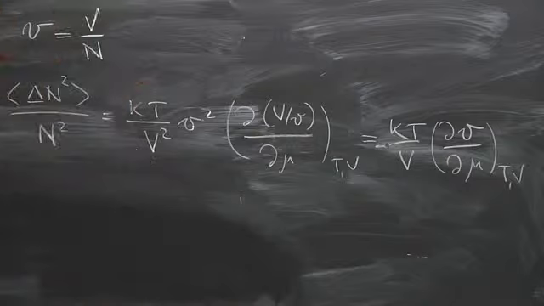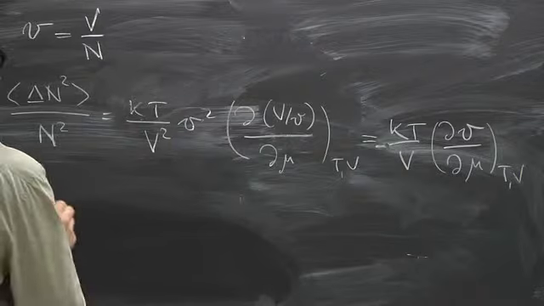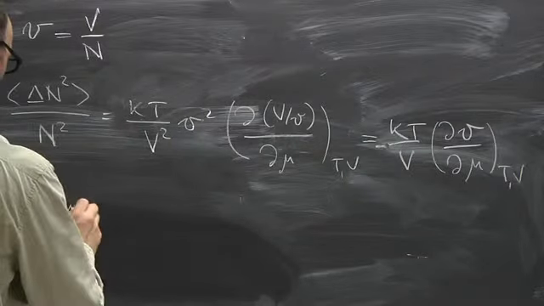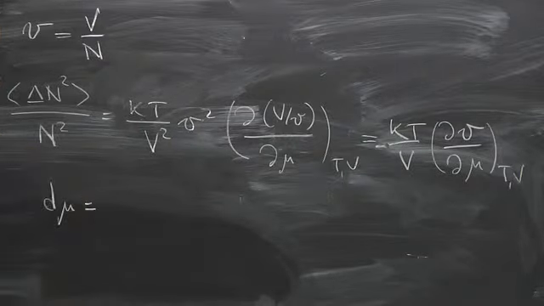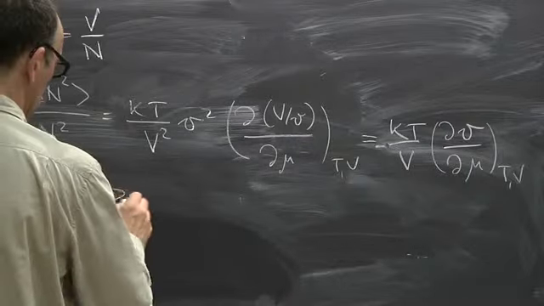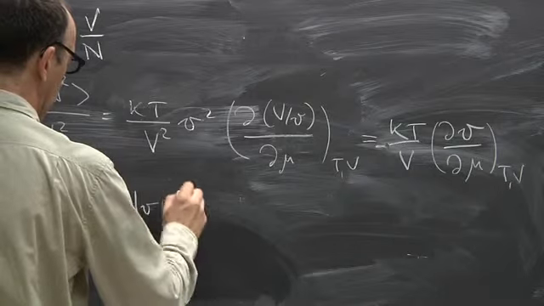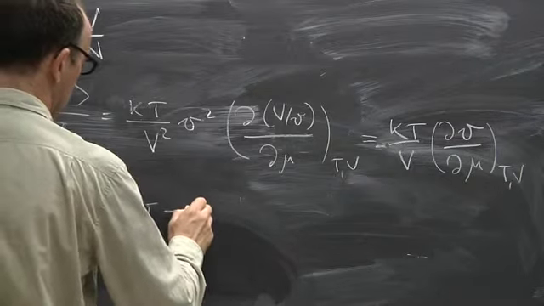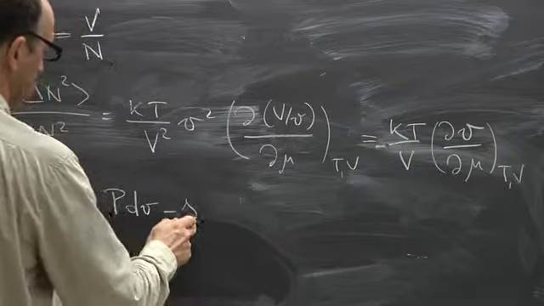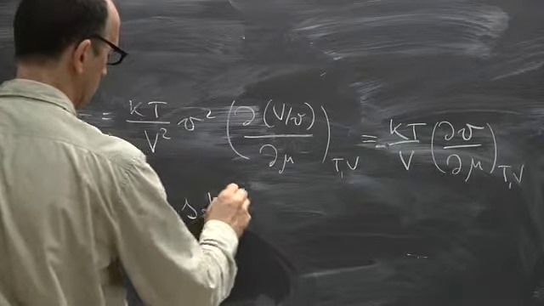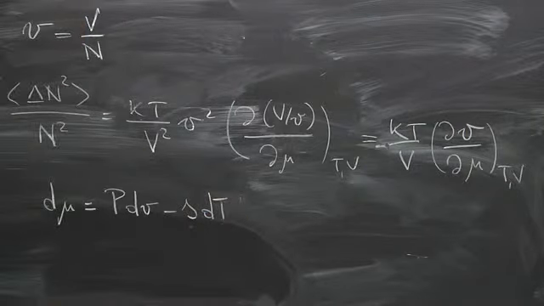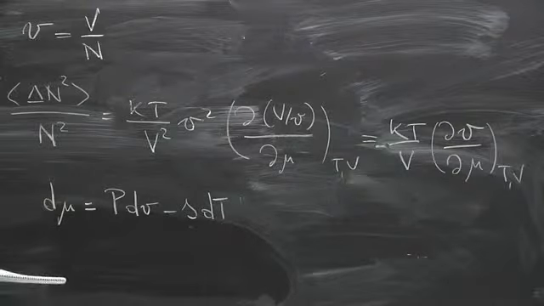So, in order to make it more transparent, one can use the thermodynamic relation that d mu is v dP minus the entropy density times dT. So how do you derive this relation?